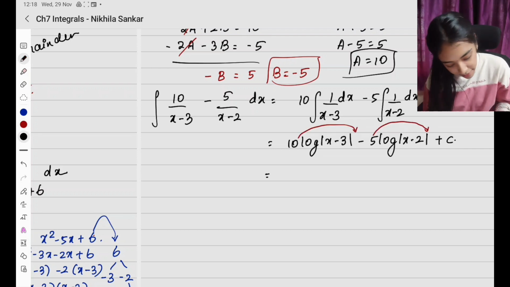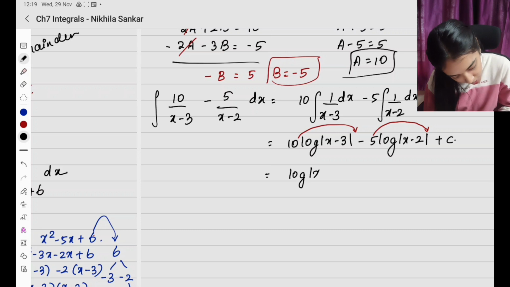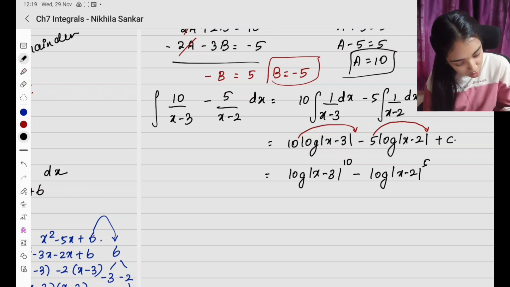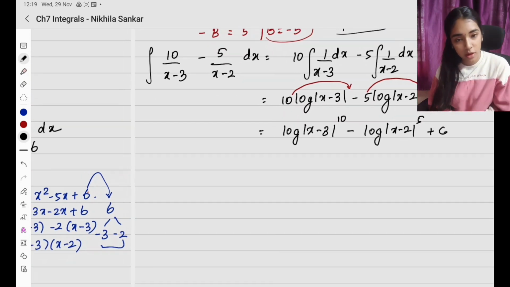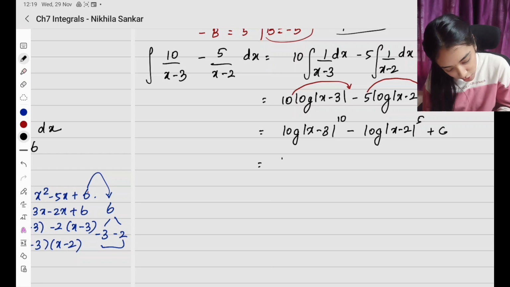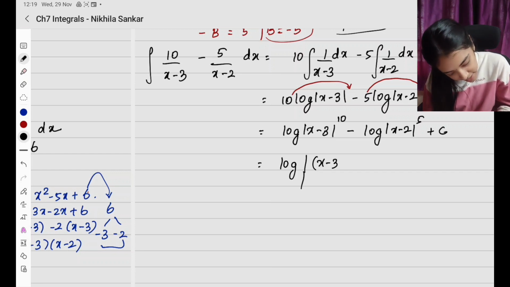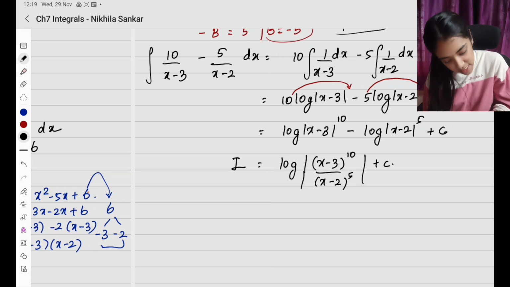So I basically have log mod x minus 3 to the power 10 minus log mod x minus 2 to the power 5 plus c. So this is of the form log a minus log b. So we can write log of a by b. So log of x minus 3 the whole power 10 divided by x minus 2 the whole power 5 plus c. So this is simply I.